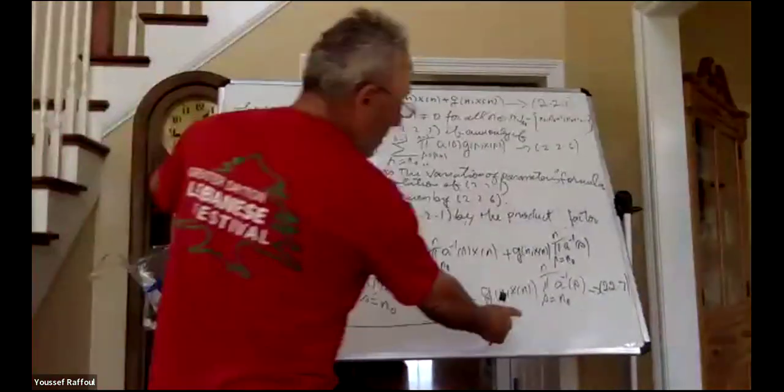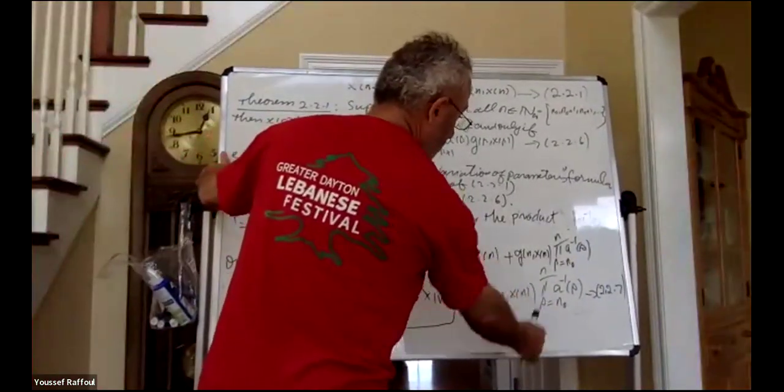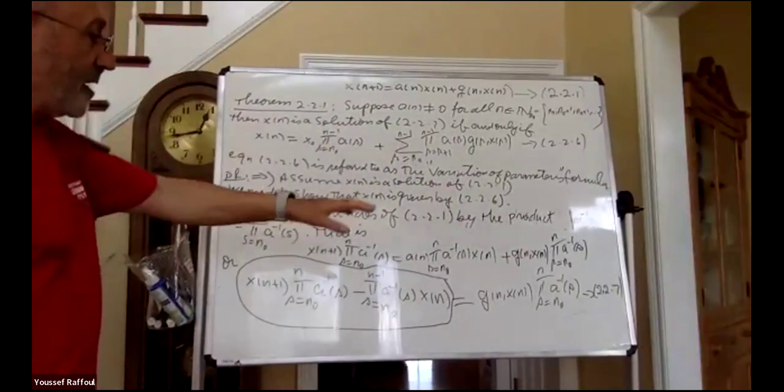Well, that is the right hand side. You see it? g_n x_n. I'm not doing anything with the right hand side.